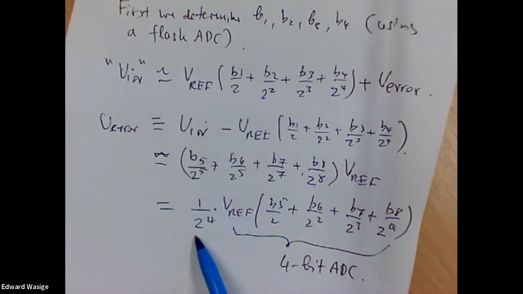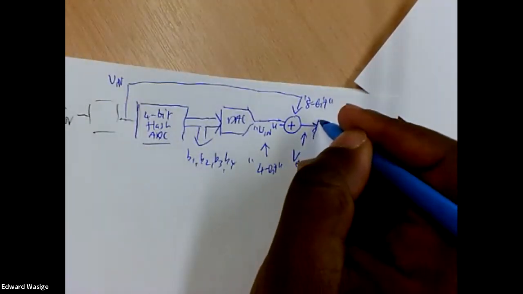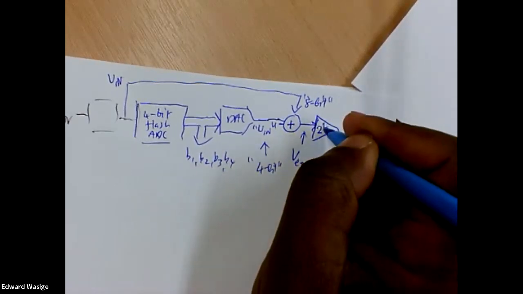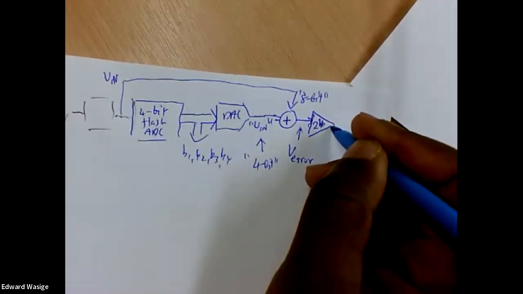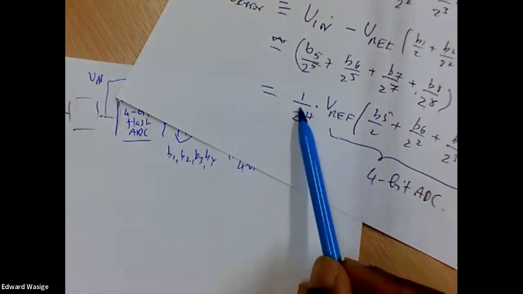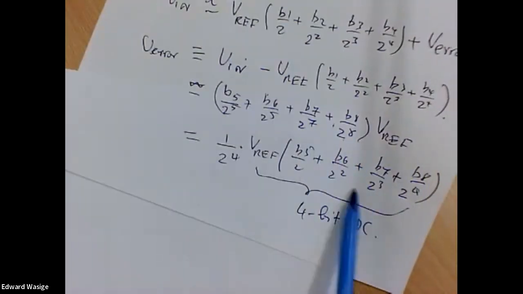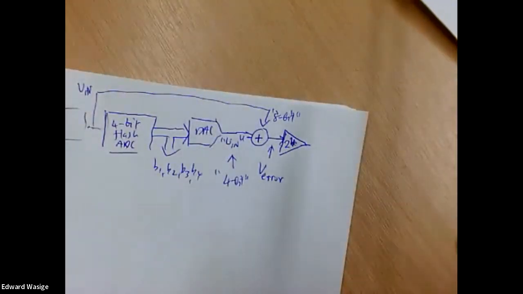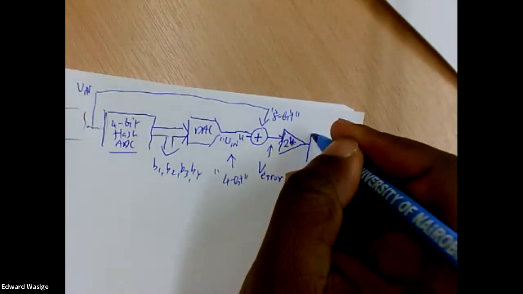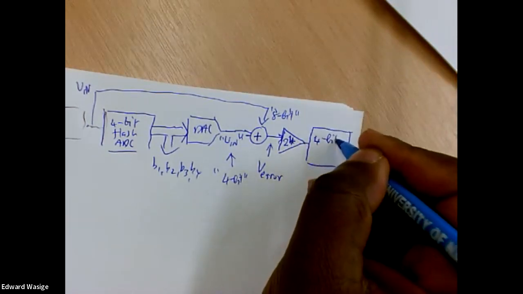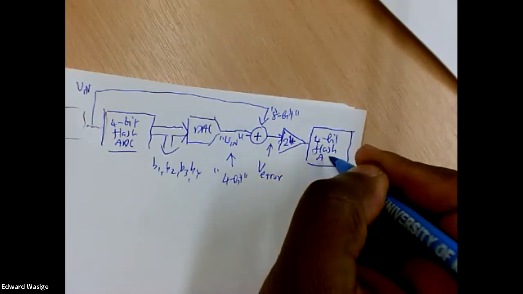That means that if I amplify this by a factor of 2 to the power 4, then the output of the error voltage is this particular term, which we can put into a 4-bit flash ADC.